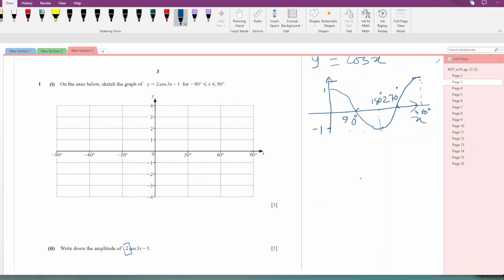Now, if I consider y equals cos 3x, to sketch this graph, this x coordinate has to be multiplied by 1/3.